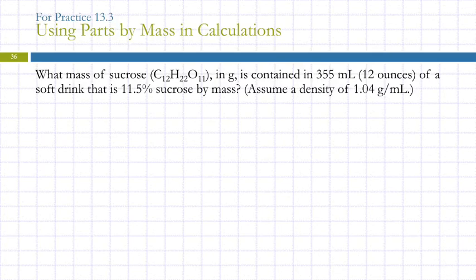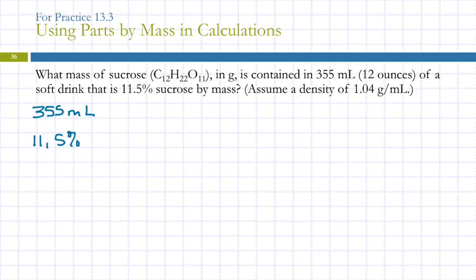So how do you figure this one out? Well, you read through it. We already did that. Writing down the numbers that are given is a good first step if you're not sure what to do. We've got 355 milliliters, and we've got 11.5% sucrose by mass.